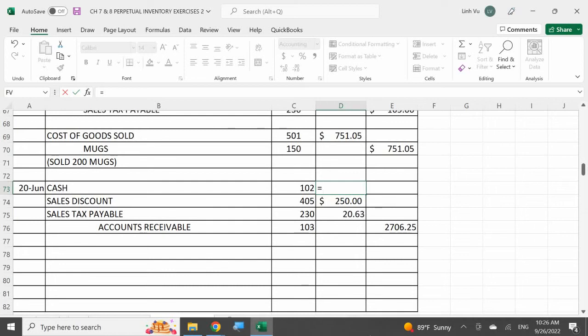So, in grand total, how much is customer A going to actually pay me? They're not going to pay me $2,706.25. They're going to pay me less than that.